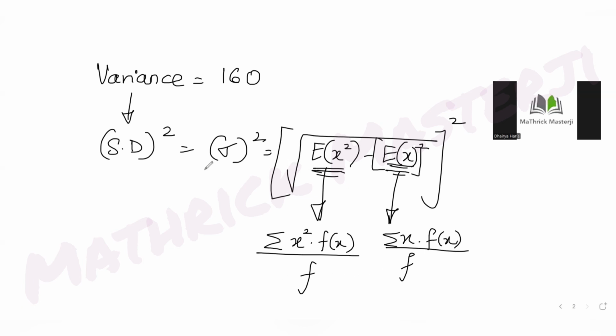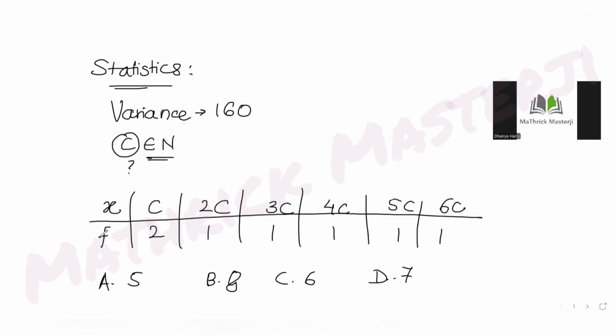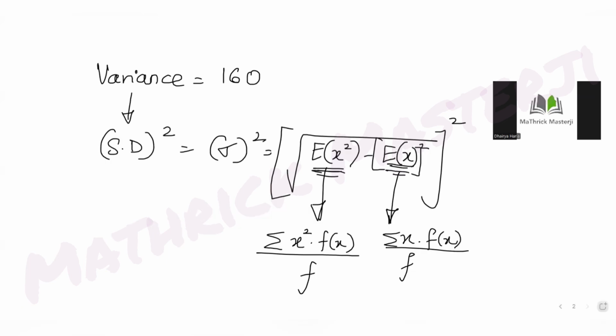That gives me the idea, and then I can square it to get my variance and equate it with 160 so that I get the answer for C, which belongs to the natural numbers. Let's solve this question.